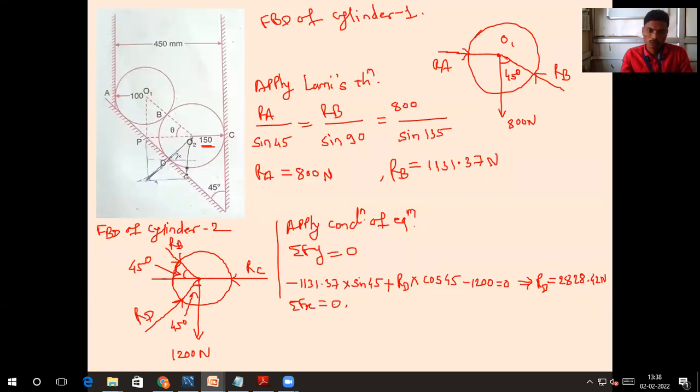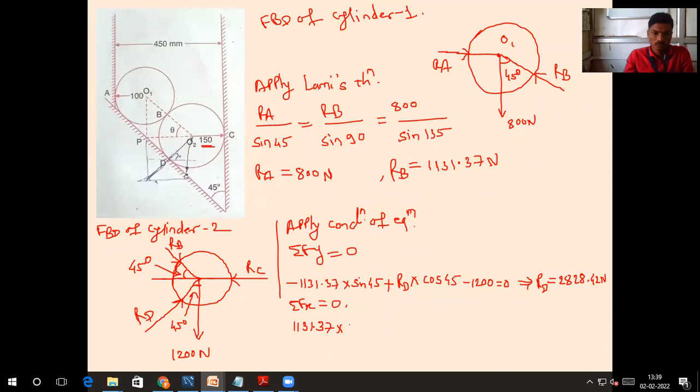What will its x component be? Positive. 1131.37. Sine or cos? Angle made with the horizontal.